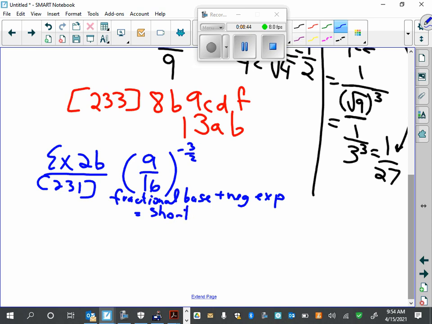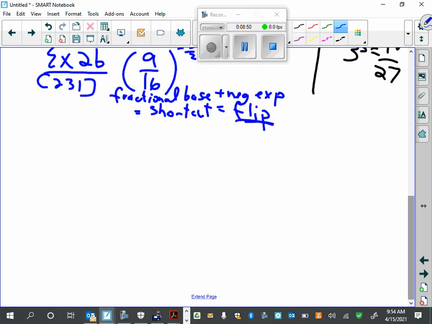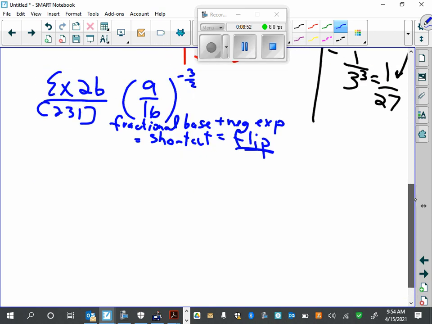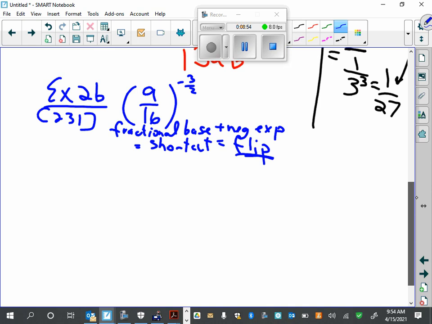And the shortcut equals flip. So you don't do this if you don't have a negative sign. This has to be a negative exponent for the shortcut to work. If it is, you flip the 9 into 16, and you turn the negative exponent into a positive exponent.